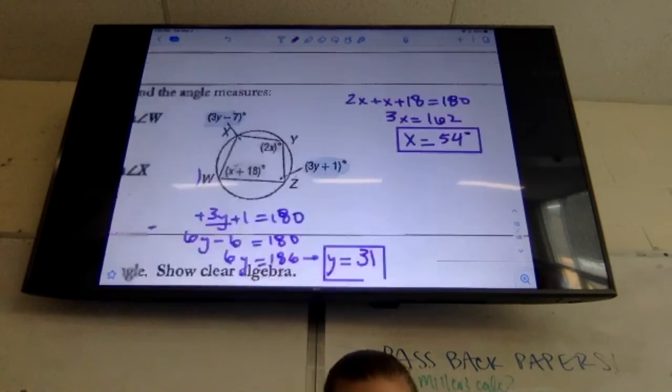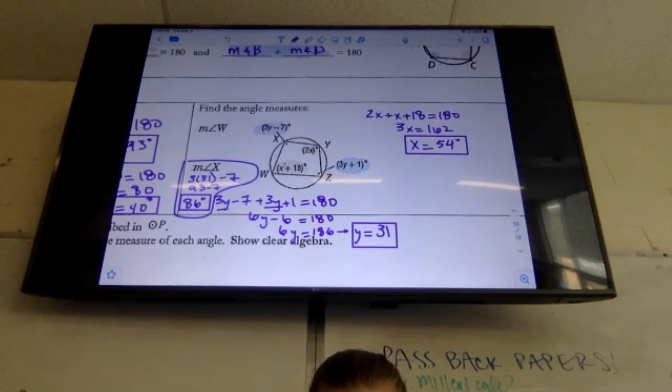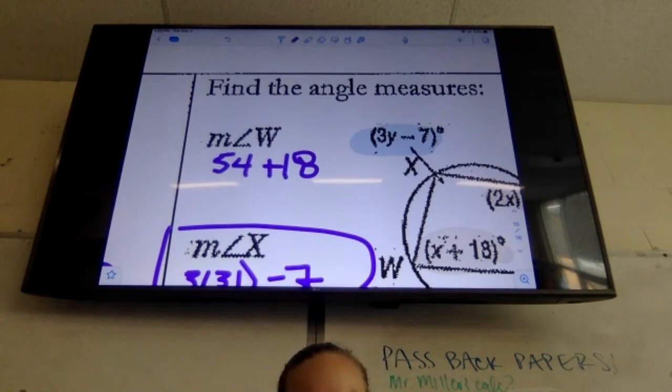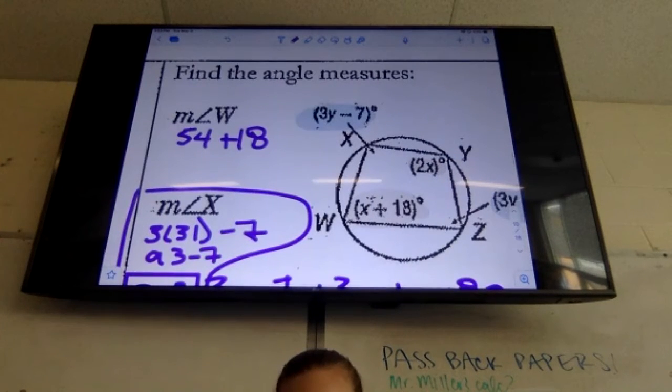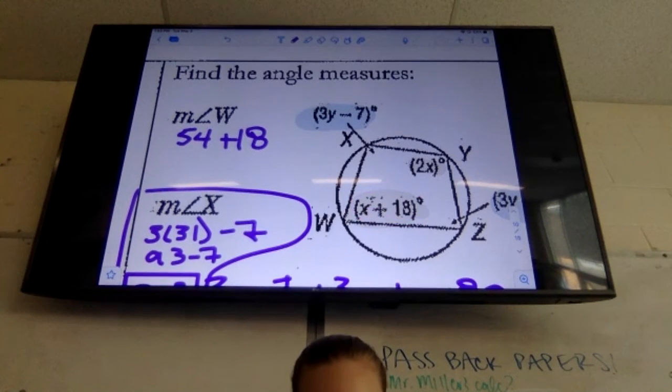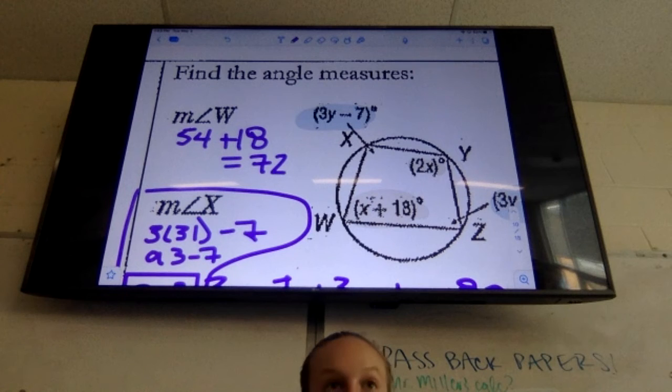So what does that make angle W or angle X? Wait, what would we be adding? 18? Oh, you just added something on that. 72. That's okay. 72.